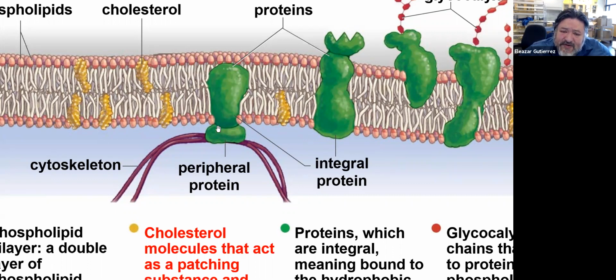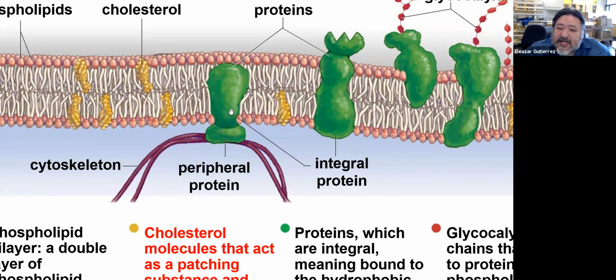Now look at this protein over here, just to the outside. Do you see the second protein? That's a peripheral protein. How do we know? Because it's not embedded in the inside of the plasma membrane. What do you think the character of the amino acids is here? Do you think they're hydrophilic, seeing as this is an aqueous environment? Isn't that cool? So this rivet, to hold the cytoskeleton in place, consists of not one but two proteins.